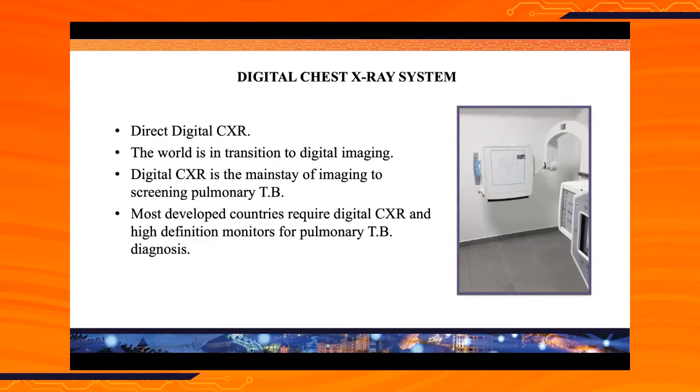The transition to digital imaging is in some countries already done. Digital direct chest X-ray is the mainstay of imaging for screening pulmonary TB disease. Most developed countries require direct digital chest X-ray and high-definition monitors for pulmonary TB diagnosis.